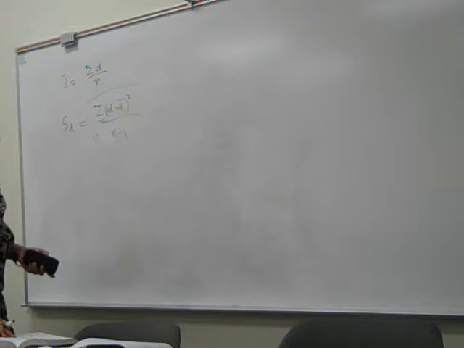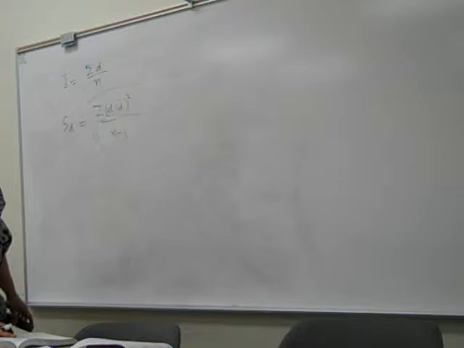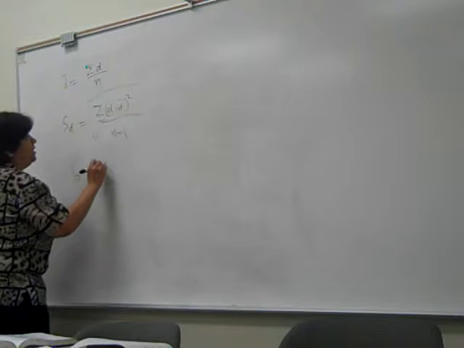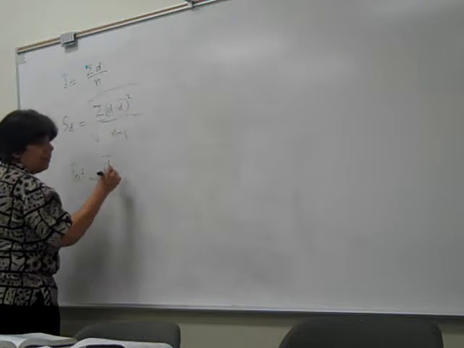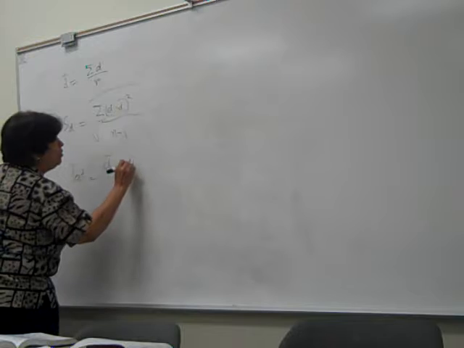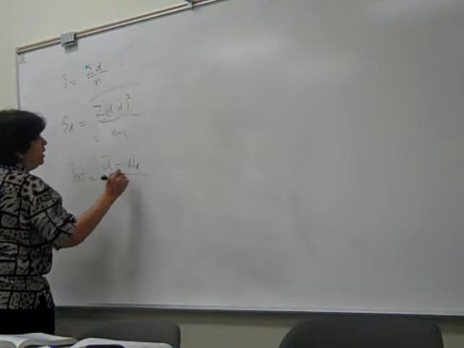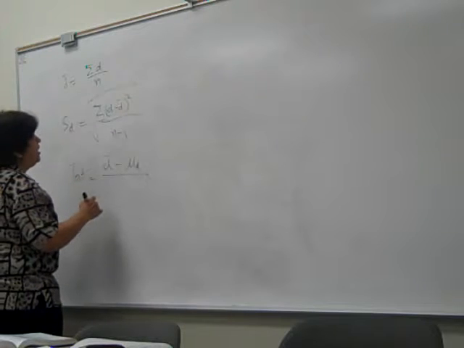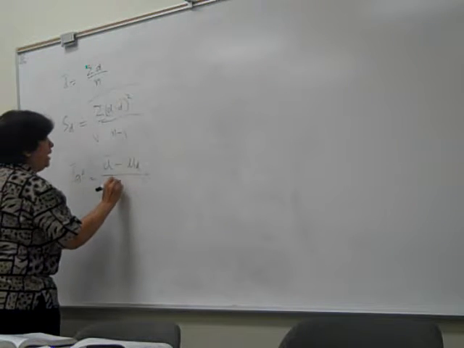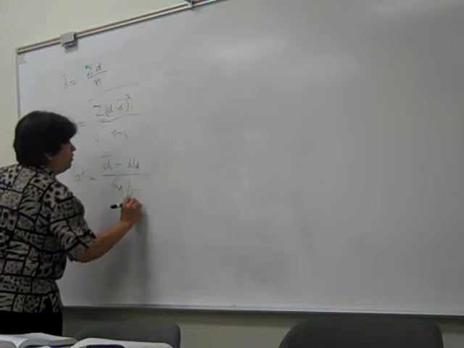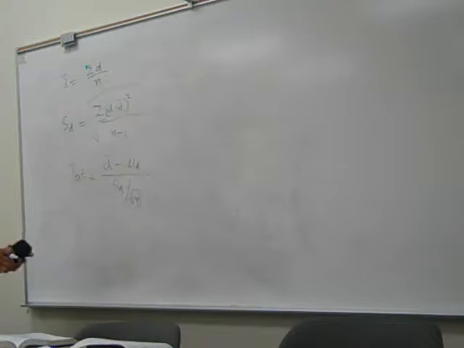Everything is the square root, not only the denominator. Okay? And we have the test statistic is d bar minus mu sub d, the one that we are going to compare with in the hypothesis testing, divided by what? S sub d divided by the square root of n.